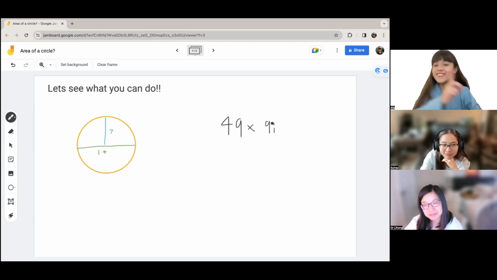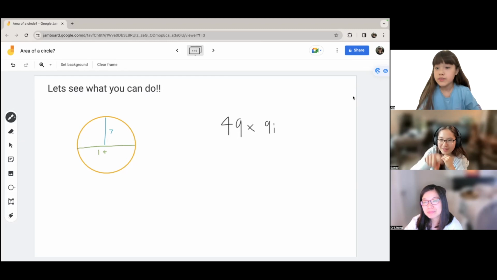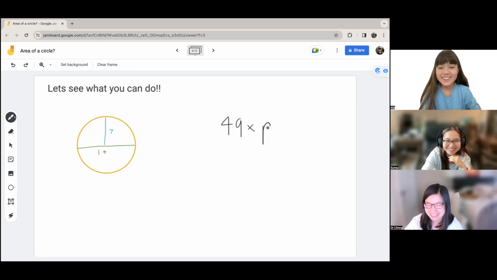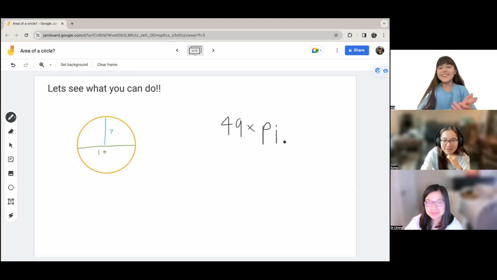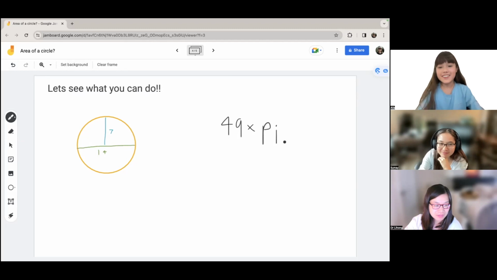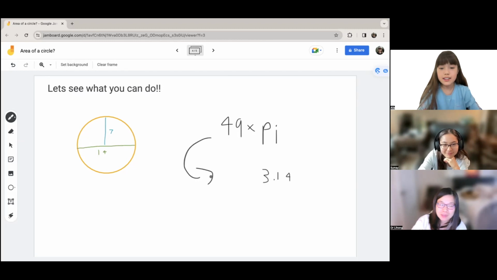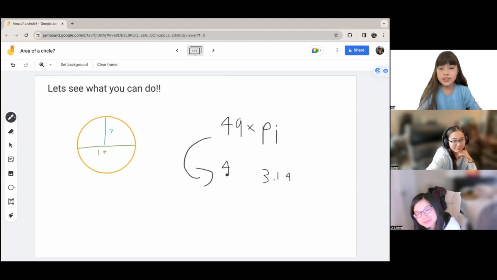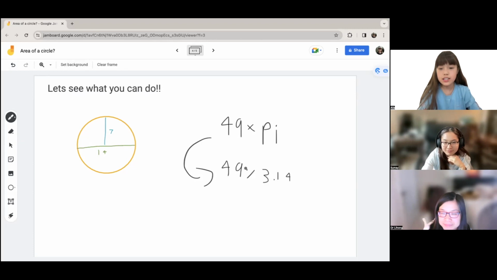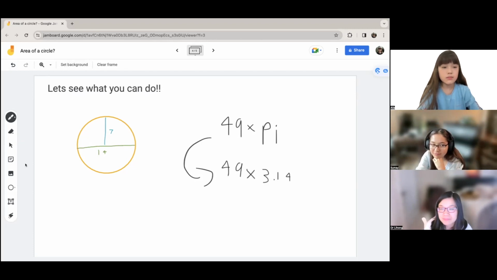So do you remember what we do here? We round it, right? We round it to 3.14. Yep. So we can take this into the equation. 49 times 3.14.